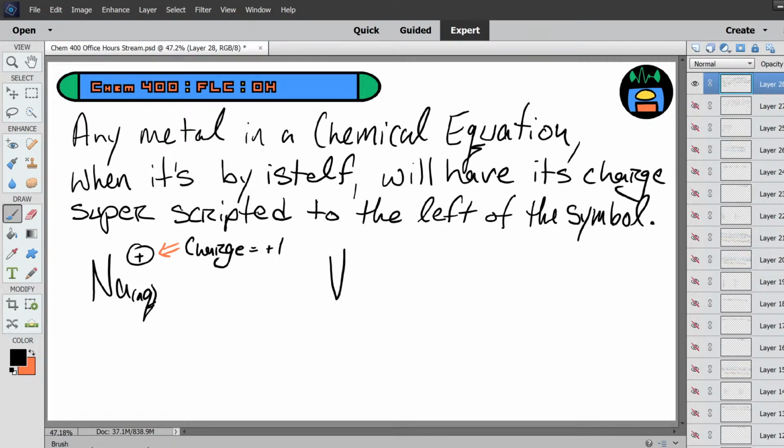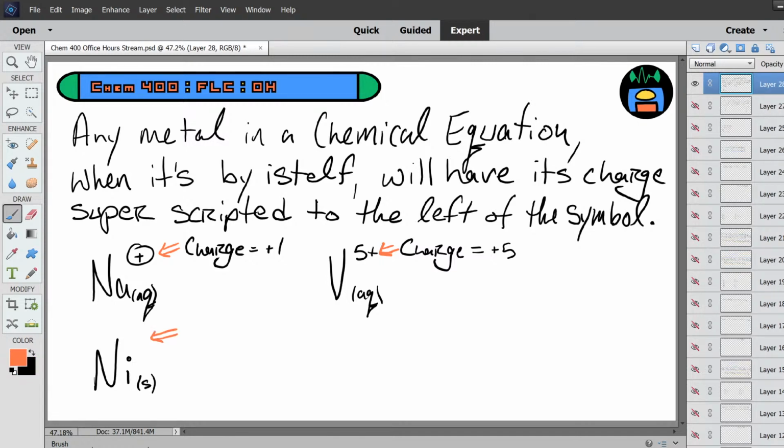If you saw this, here's vanadium 5, superscripted to the left of the symbol, the charge is +5. If you had this in a chemical equation, that would be aqueous up there. Let's say this is a solid.